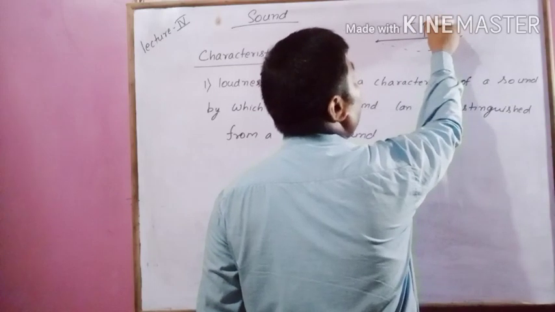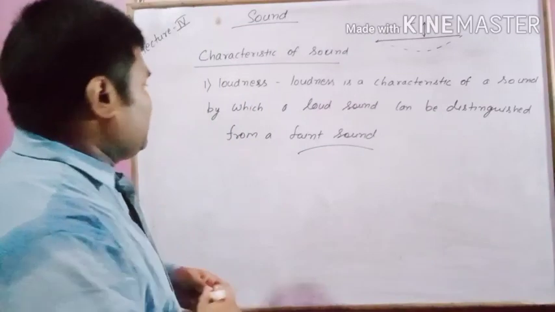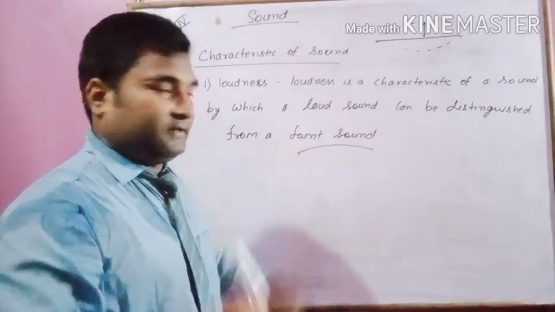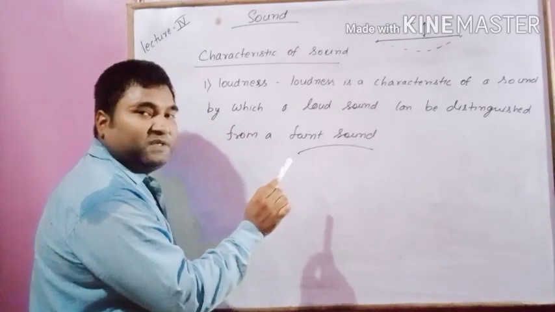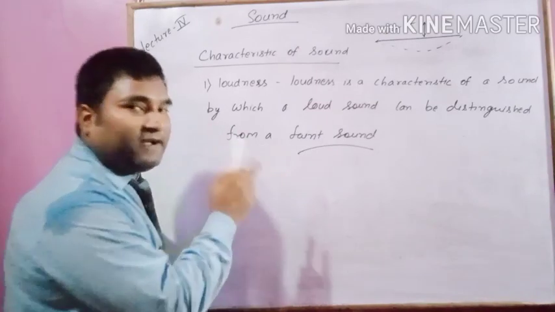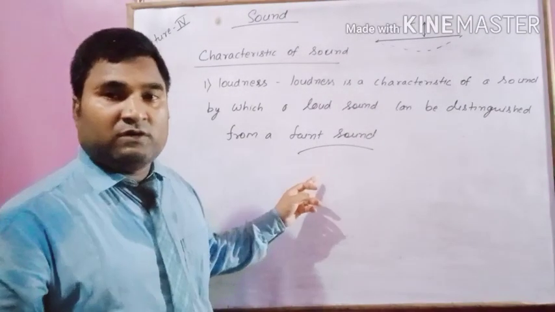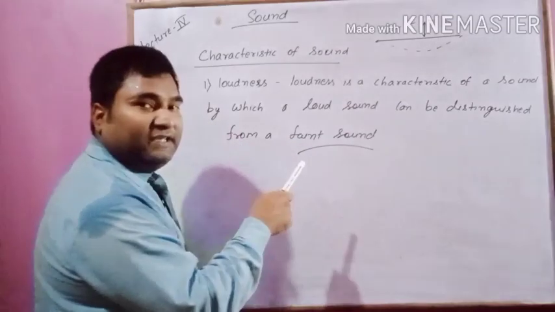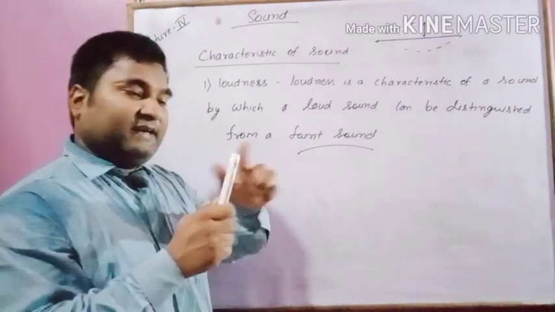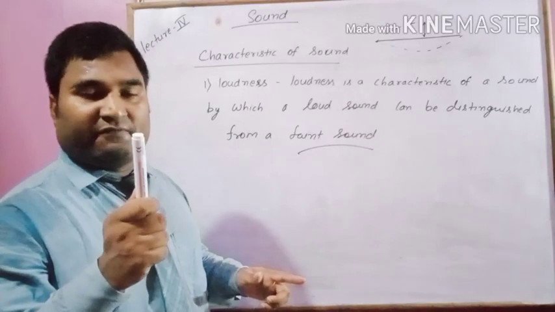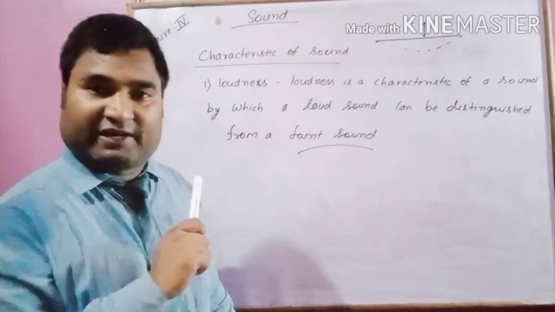This is called amplitude, meaning maximum displacement. See here, if I hit the board slowly, this body is vibrating, and then only it produces sound. If I hit it hard, then it will produce a loud sound. What is the difference? It is the same thing with which I have hit, and this is the same body that I hit both times.